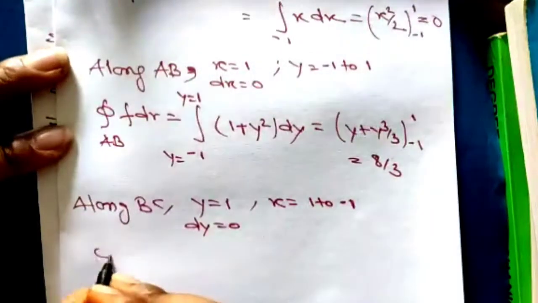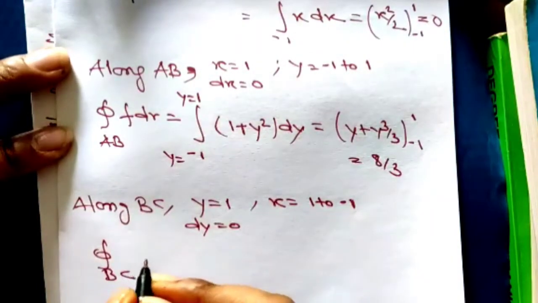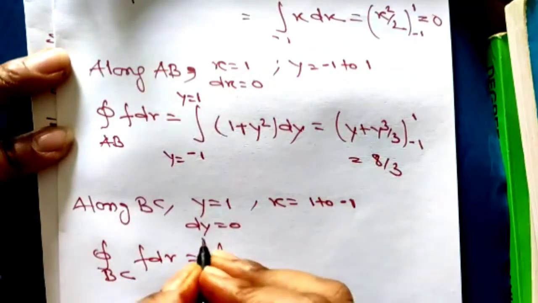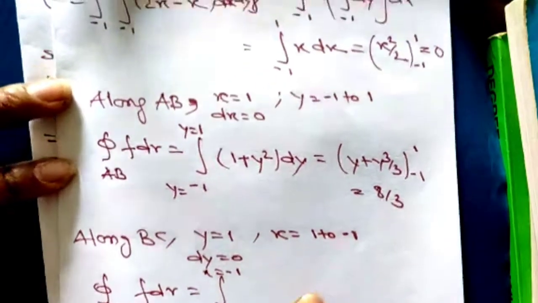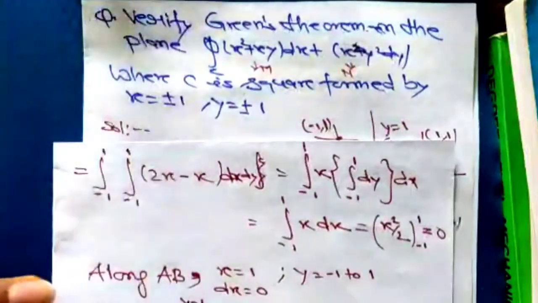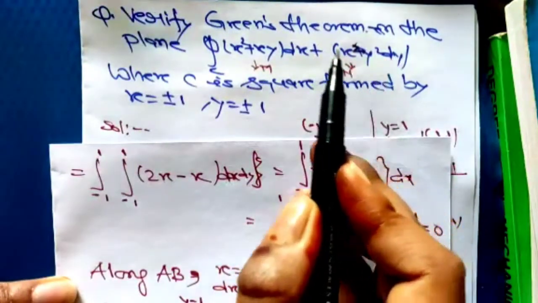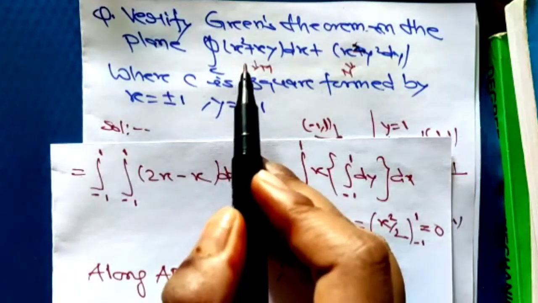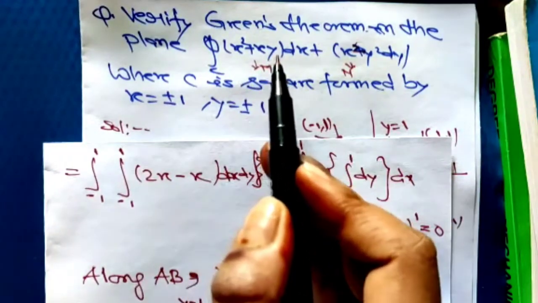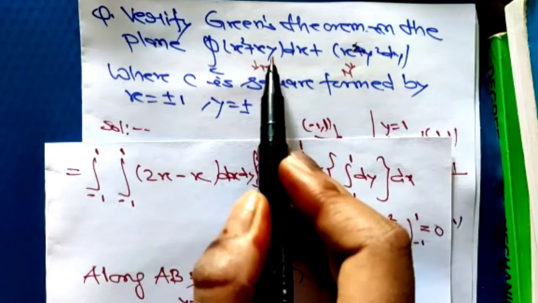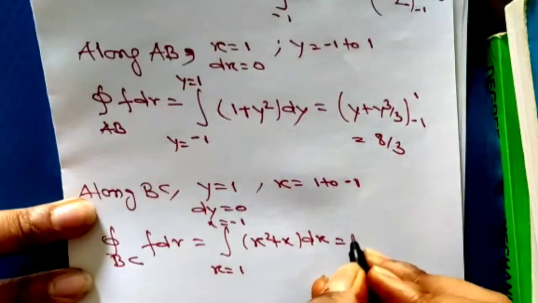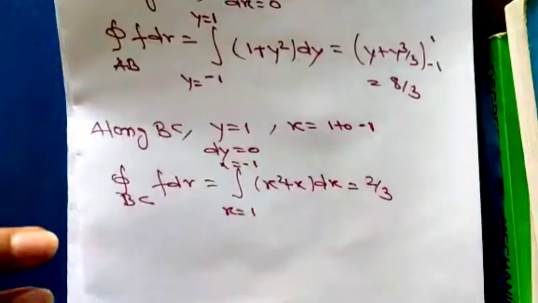So put the value in the integral of F dot dr. From the line integral you can see the value of dy is 0, so this part will vanish, and we only solve for this part. Y is constant here, so we put y equal to 1. You get the integral of x square plus x dx. After solving, you get the value 2 upon 3.